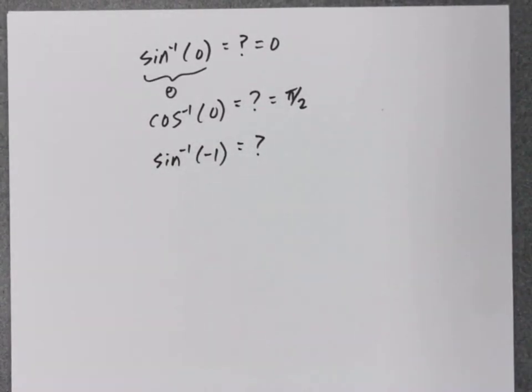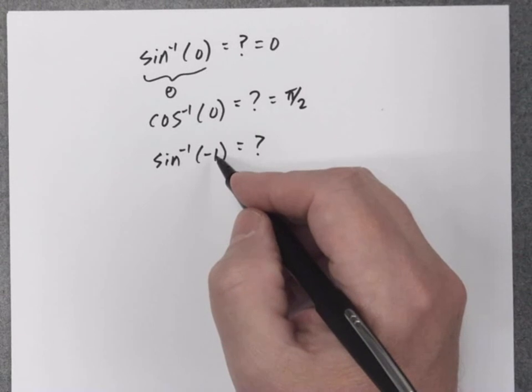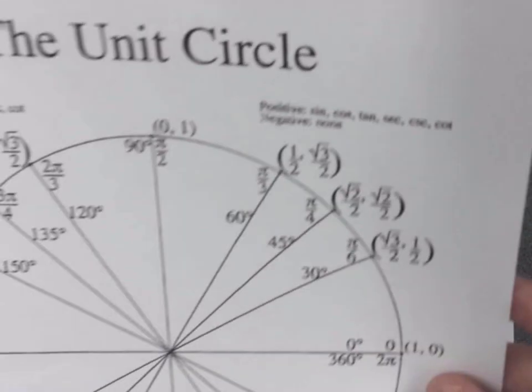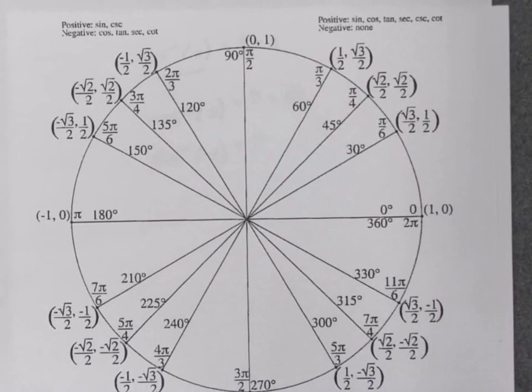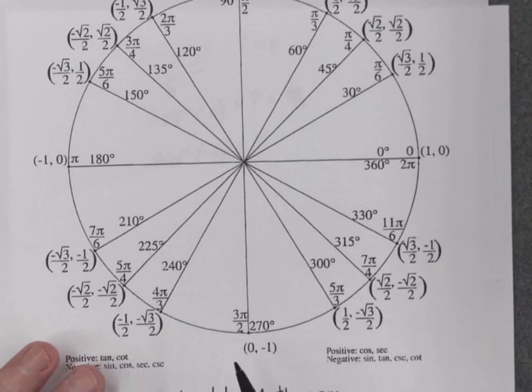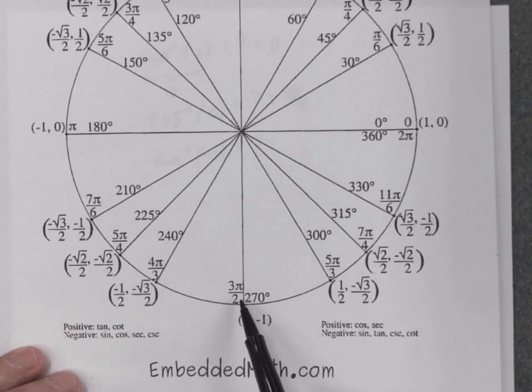How about the inverse sine of negative 1? Inverse sine says I'm looking for an angle. When you take the sine of that angle, it's negative 1. Well, the sine is negative 1 down here. Now on the unit circle, we would want to call this 3 pi over 2, but it's an inverse sine function.